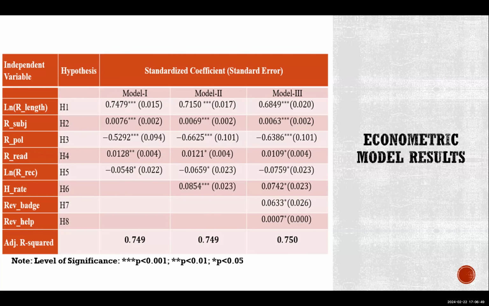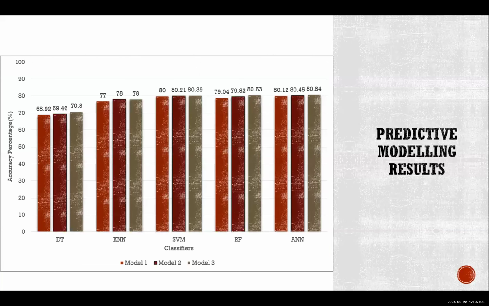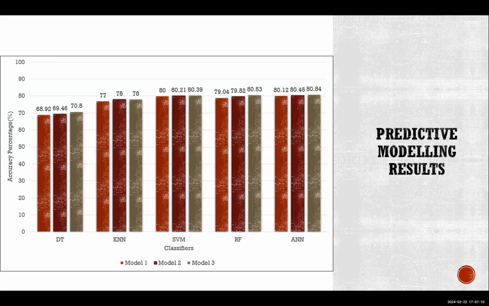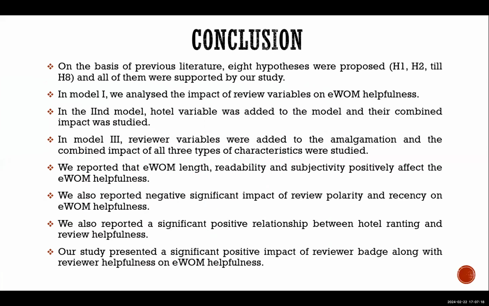Further, reviews written by a renowned contributor in the community, who has obtained higher badges and many more helpfulness votes, are considered more helpful. And on the basis of our predictive modeling, out of all 5 classifiers, ANN is providing the best results in our case.